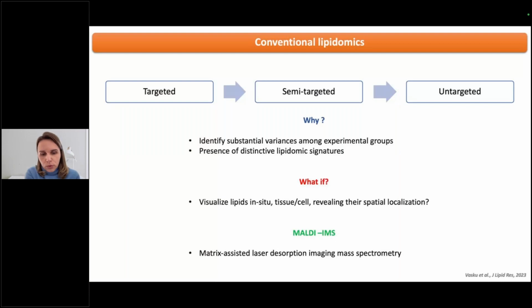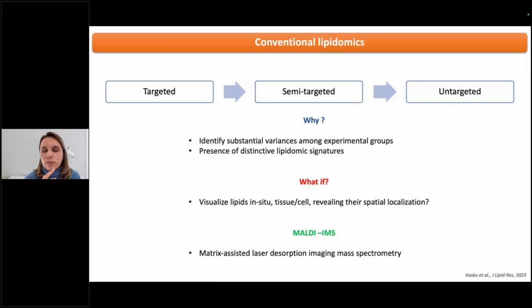We all know the differences between targeted, semi-targeted, and untargeted lipidomics, but most of all, these approaches have something in common: through them, we can identify substantial variances among experimental groups, and we aim to obtain a distinctive lipidomic signature, either by specifically targeting it or by looking at it in an untargeted way.